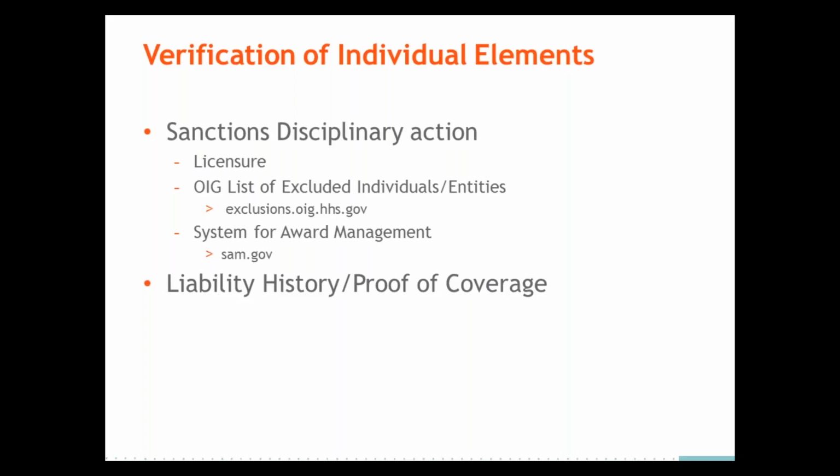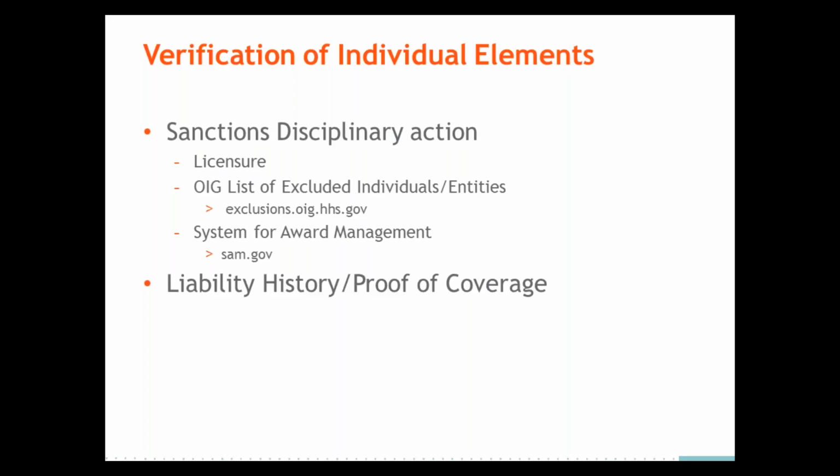We also want to look at the Office of Inspector General's list of excluded individuals and the System for Award Management, which is SAM.gov. The OIG list includes people who are excluded from Medicare, Medicaid, and federal health insurance programs. The System for Award Management is anybody who's excluded from any kind of contract with the federal government.